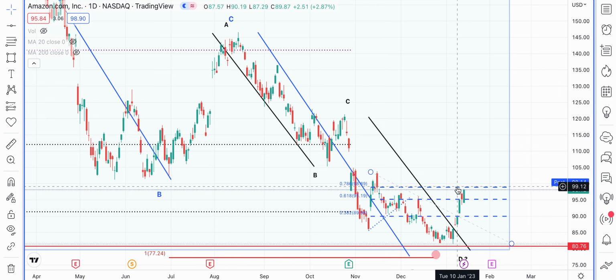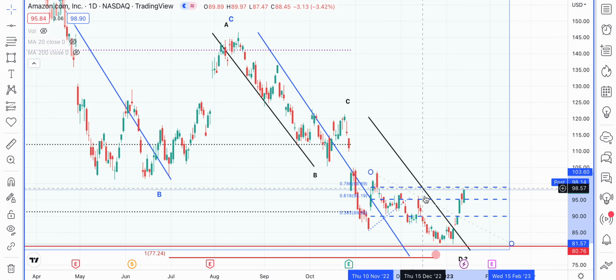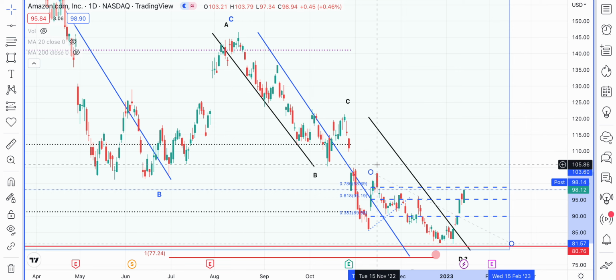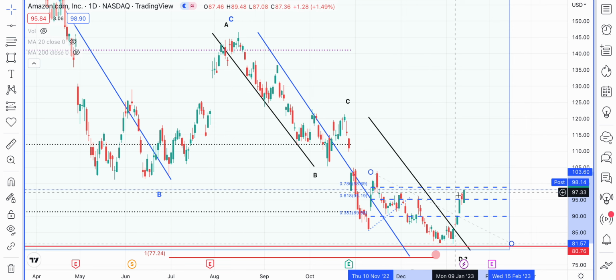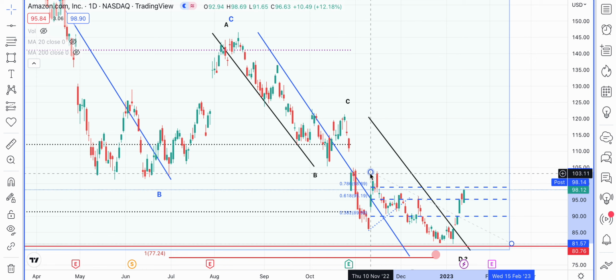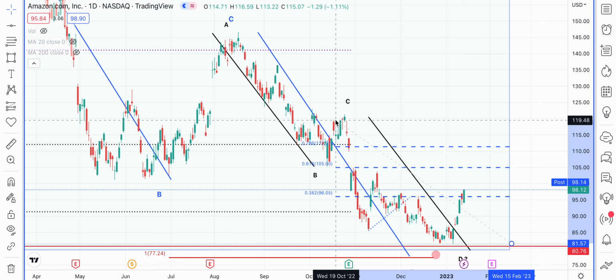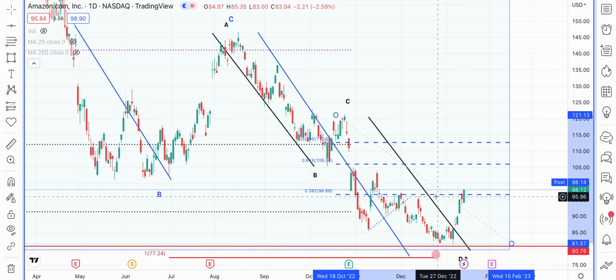Okay, so we were also watching for some potential resistance levels on a shorter-term basis. This one has taken this high out, so that's a good sign. From this swing, we have just gone above the 38.2% retracement level, which is also a good sign.